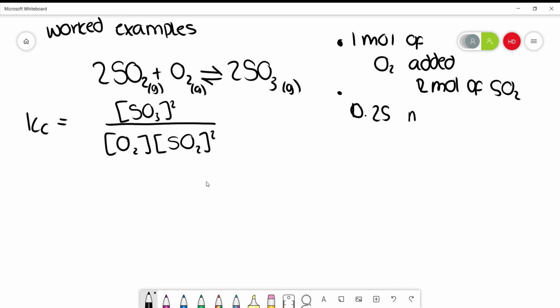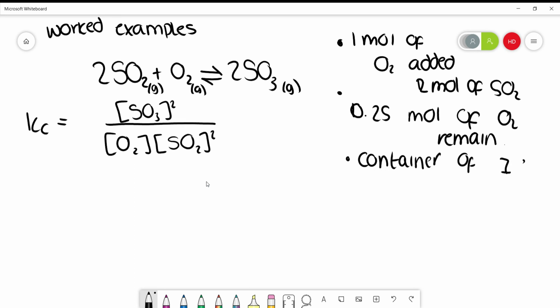0.25 mole of O2 remain at the equilibrium point. Container of 1 dm cubed. So let's do the ICE table.